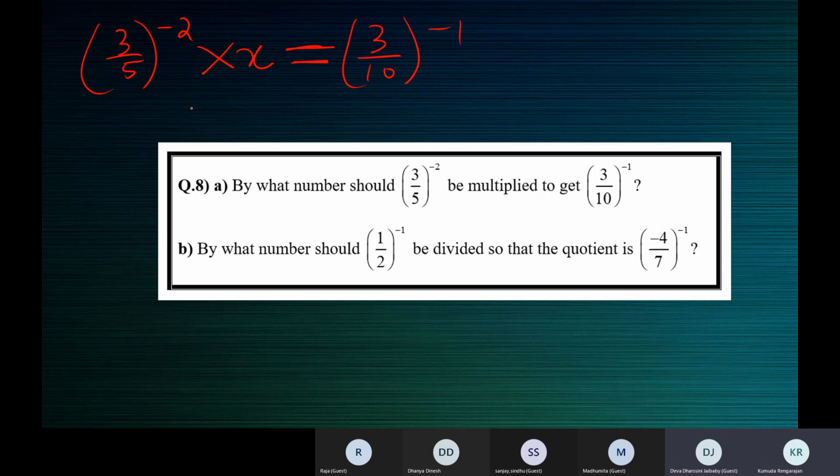So how do we solve this? 3 by 3 to the power 2 into x is equal to 10 by 3.